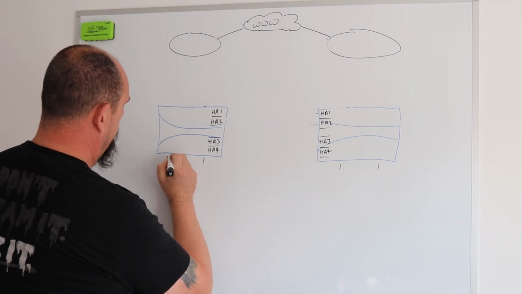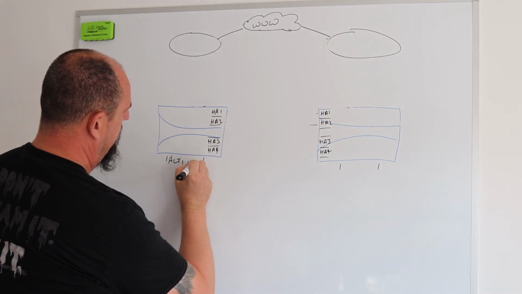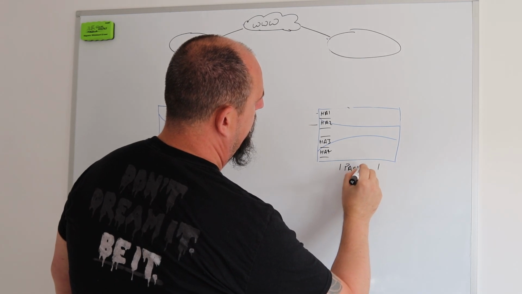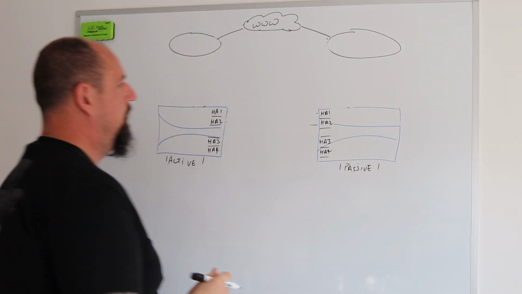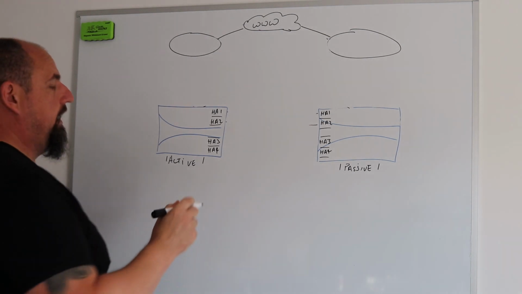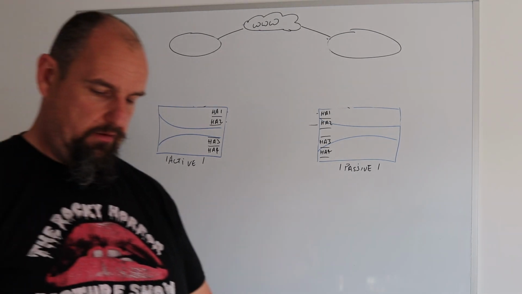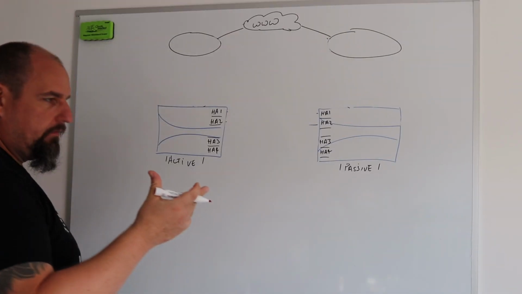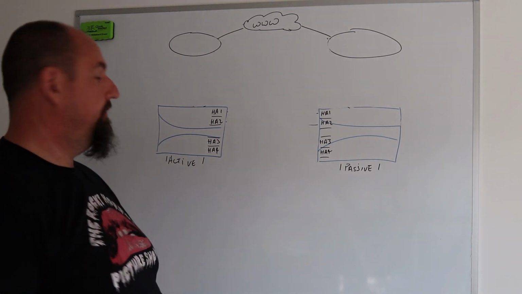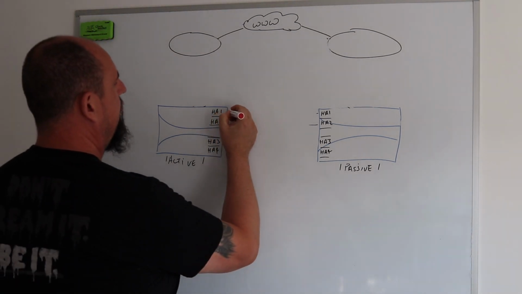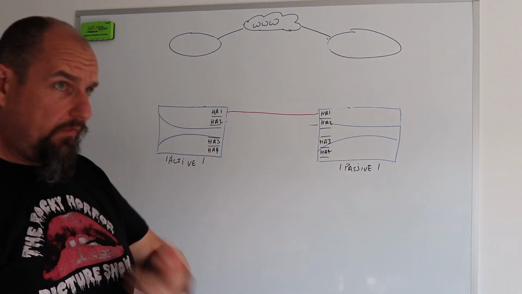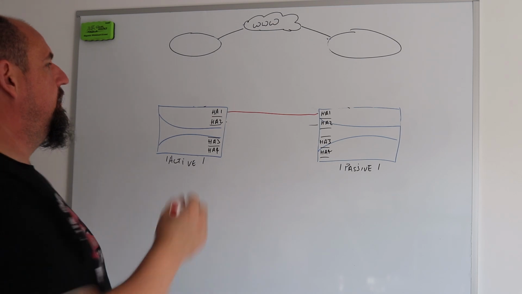So you have one firewall active, one passive. Okay, and as a general rule, for active-passive, you'd have the HA1 link, which is your control link.